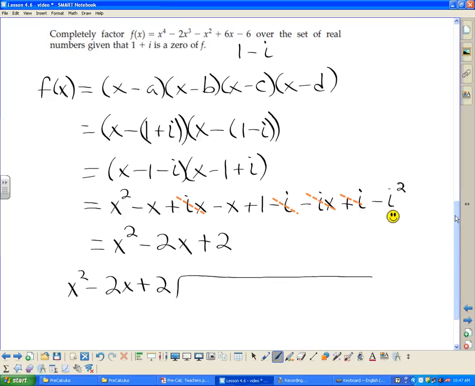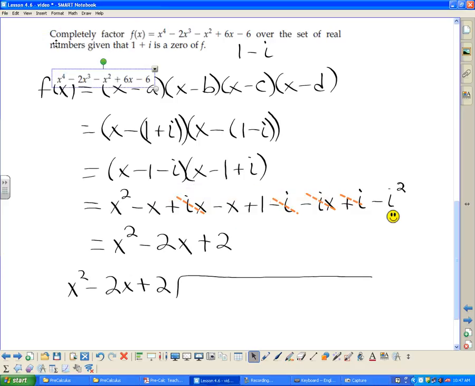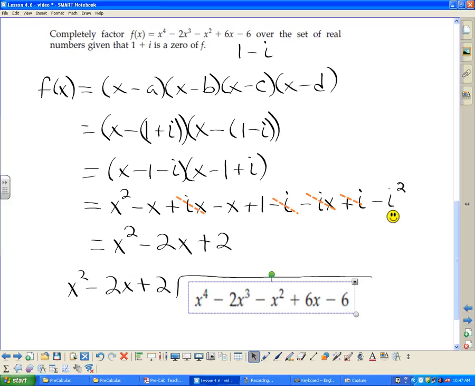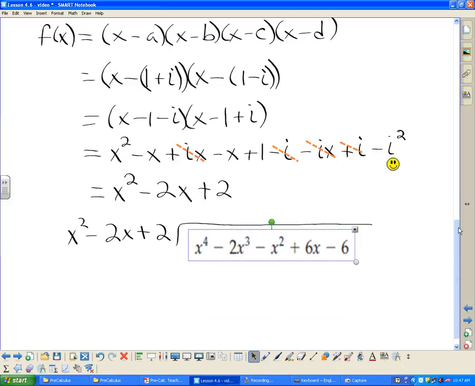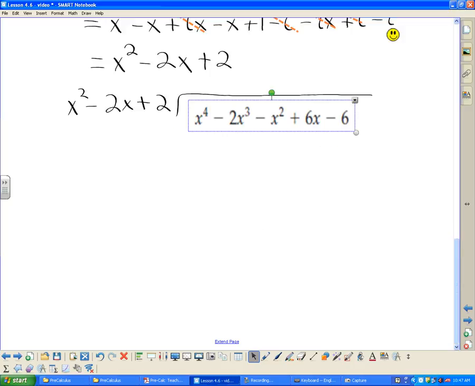Let me take a little picture of that, and then I'm going to bring that down here and stick it underneath this division sign. There we go, that's a little bit easier and gives me some more room. All right, so now we're going to do the long division.